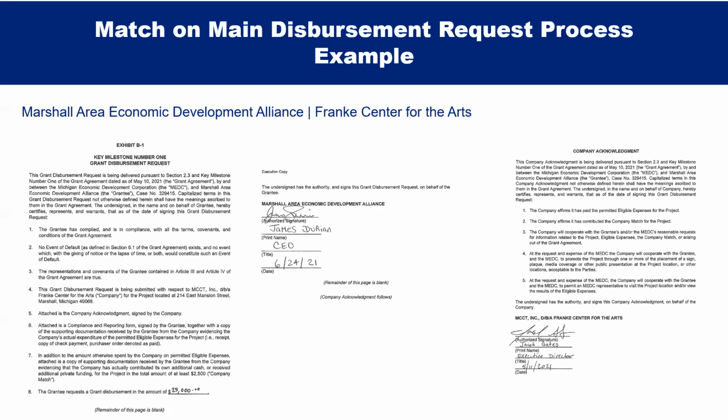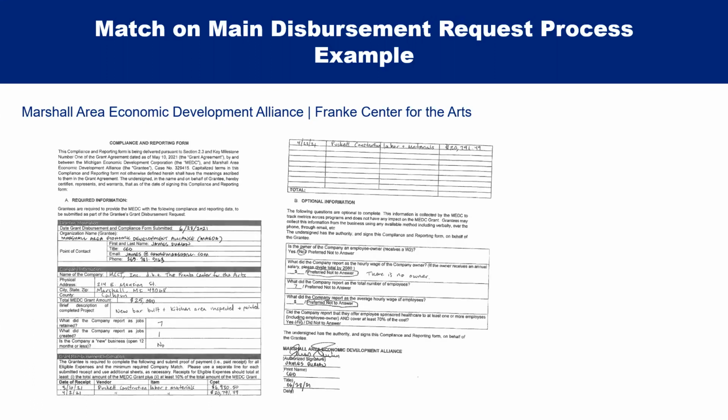So as you can see, they completed exhibit B1. They made sure they filled in the amount that they're requesting. Their authorized signers sign this document. Their company signed the company acknowledgement. They completed the compliance and reporting form, including filling in the information on what the receipts are.